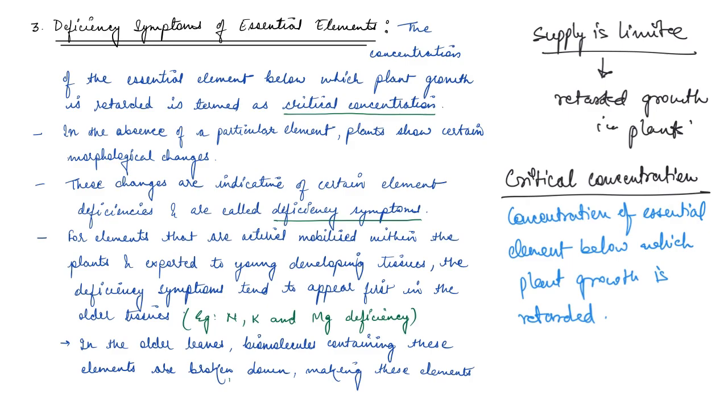The deficiency symptoms vary from element to element, and they disappear when the deficient mineral nutrient is provided to the plant.